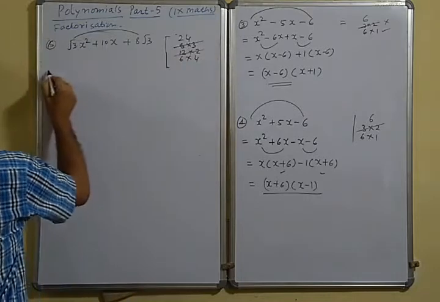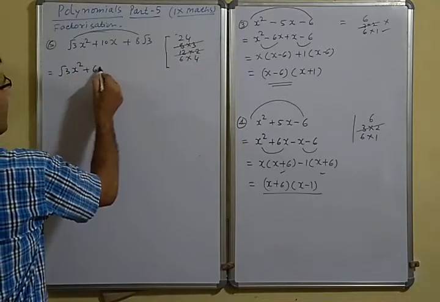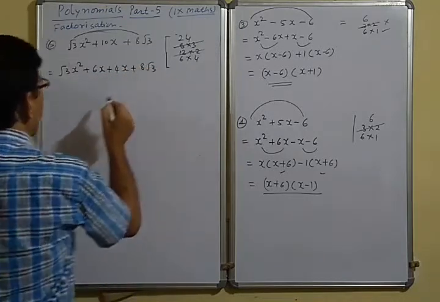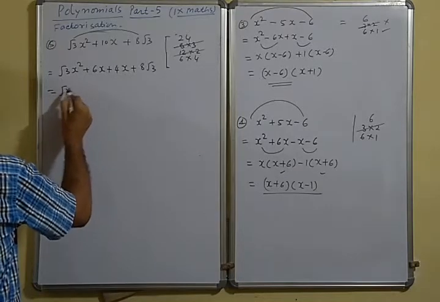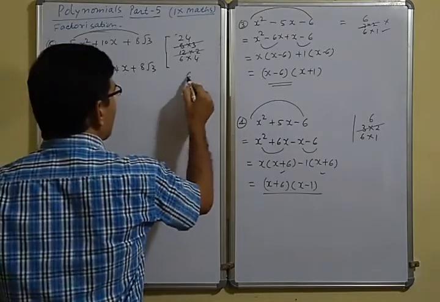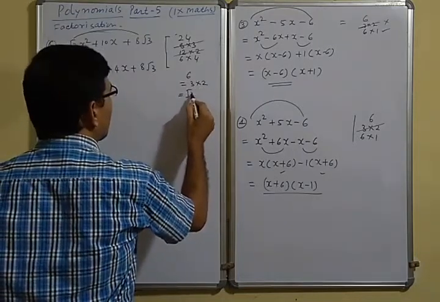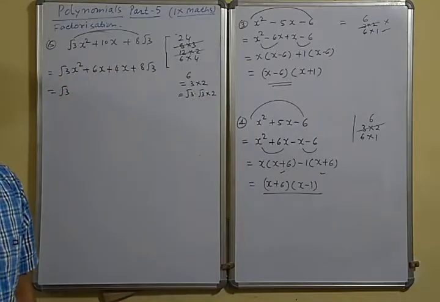Take 6 into 4. So this becomes root 3x square plus 6x plus 4x plus 8 root 3. Now you take common. Here root 3 is common, because 6 can be written as root 3 into root 3 into 2.